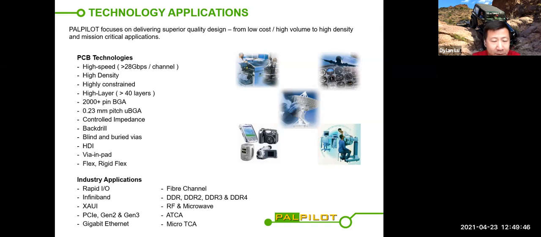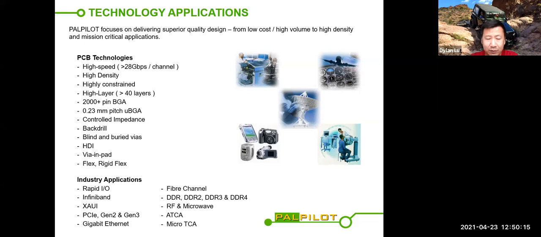In some industry applications, there are industry standards. There are different committees or associations that will come up with these industry form factors. It's a set of parameters or guidelines for you to follow when you're designing a PCB that will be applied to this type of product. So you have your RapidIO, your InfiniBand, Xilinx.